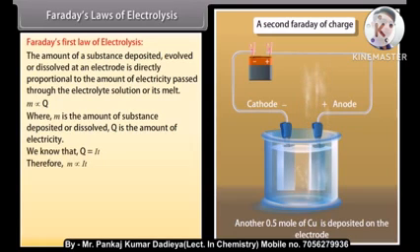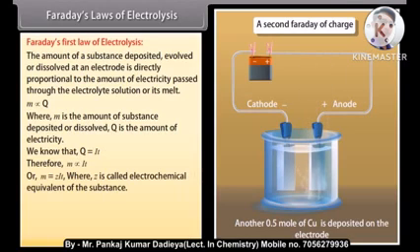We know that Q is equal to I t. Therefore, M is directly proportional to I t. It can be written as M = Z I t, where Z is called the electrochemical equivalent of the substance.